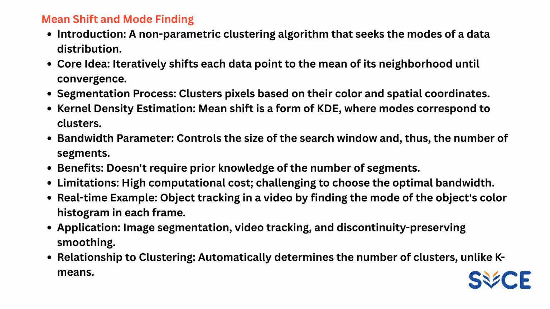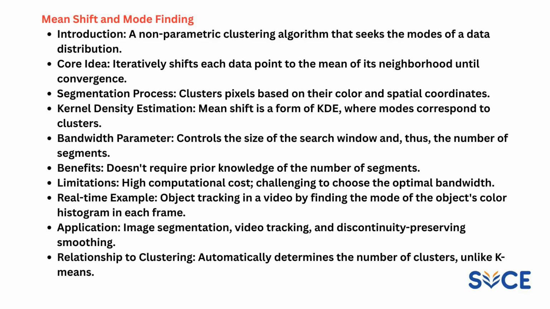So what is the segmentation process in mean shift? To use this for segmentation, we think of each pixel as a data point in a feature space. This space can be just the pixel's color or a combination of the color and its position, the x and y coordinates.